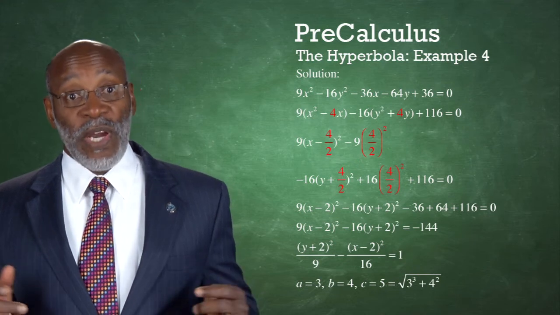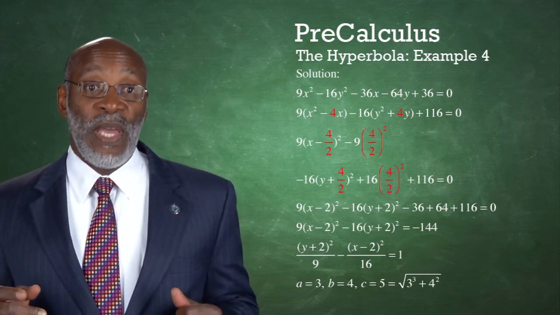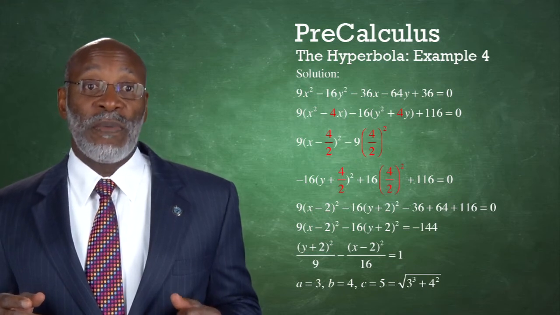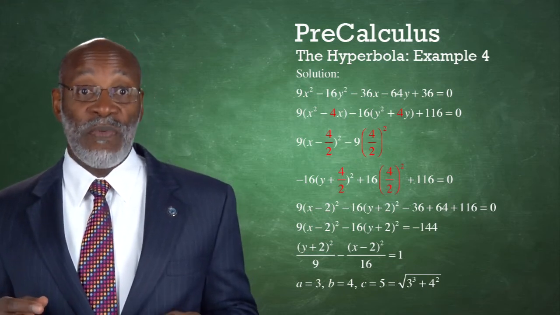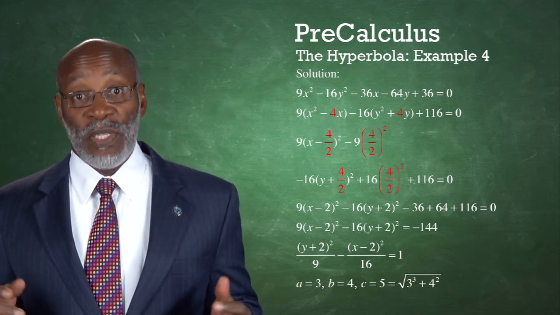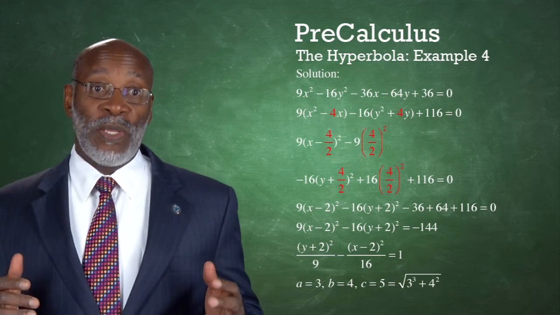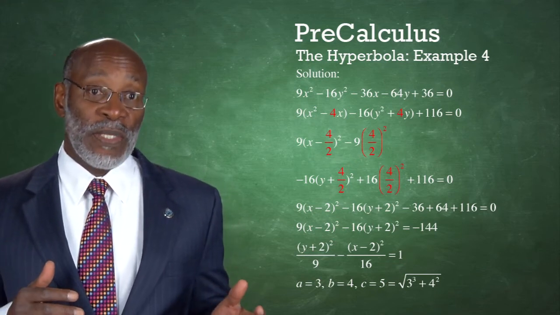So we rewrite our equation as 9 times the quantity (x squared minus 4x) minus 16 times the quantity (y squared plus 4y) plus 116 equals 0. Now we can complete the square on both x and y.